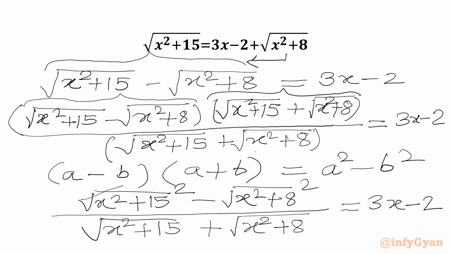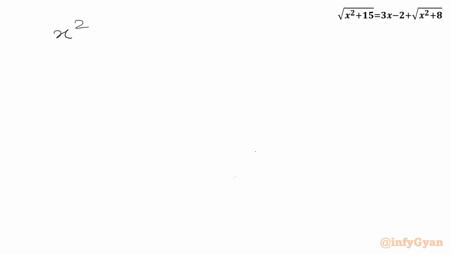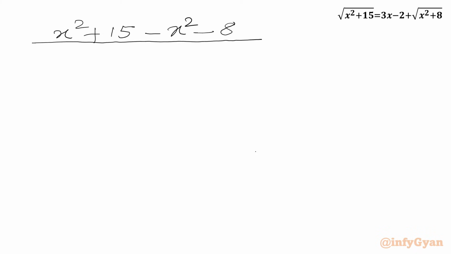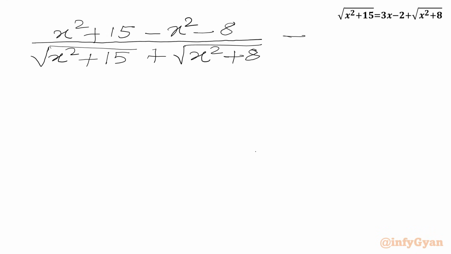Now we can cancel the square root and square in the numerator. So we will get x square plus 15 minus x square minus 8 in the numerator, and in the denominator we'll write square root of x square plus 15 plus square root of x square plus 8, equal to 3x minus 2.